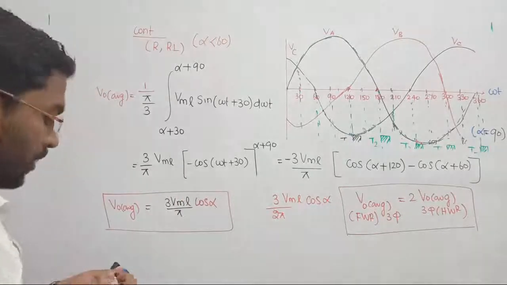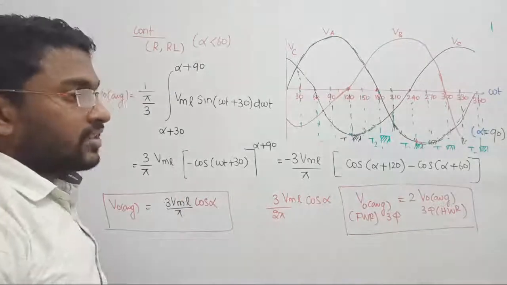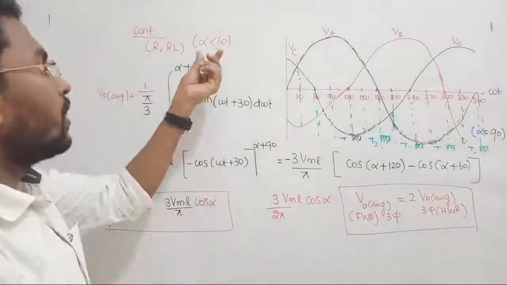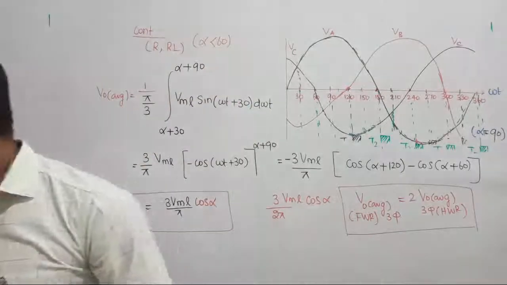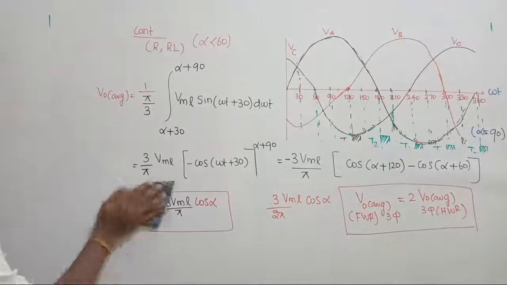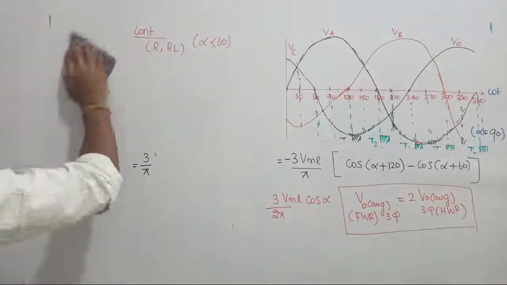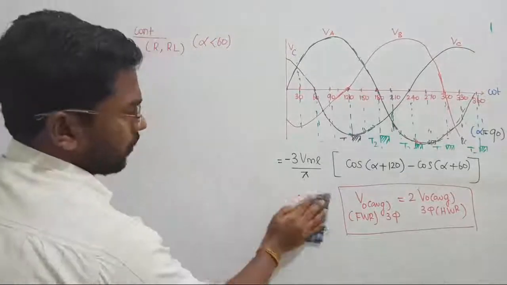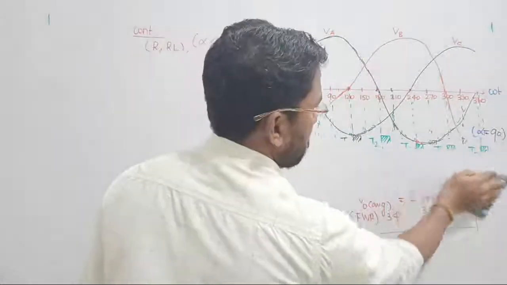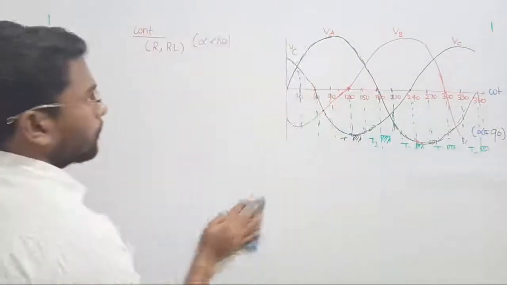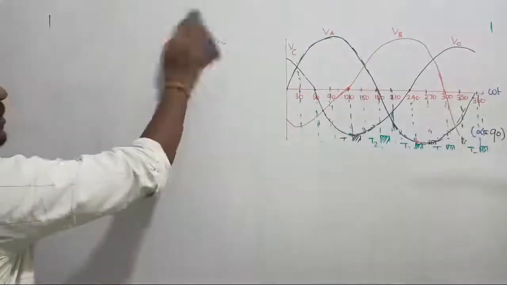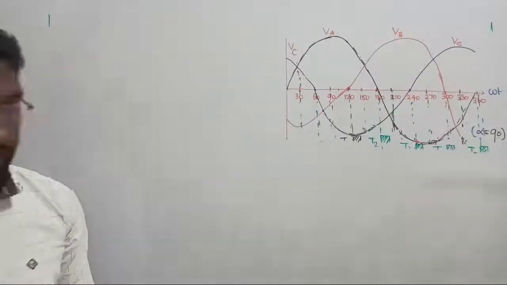Clear? Yes. Now what is our next target? We have to estimate the value of V naught average for discontinuous conduction, right? So let us see. Let me rub this one. Yes. Let us talk about discontinuous conduction.